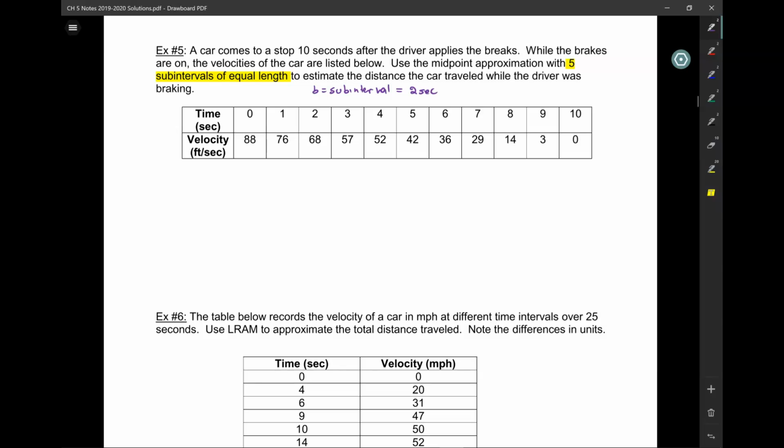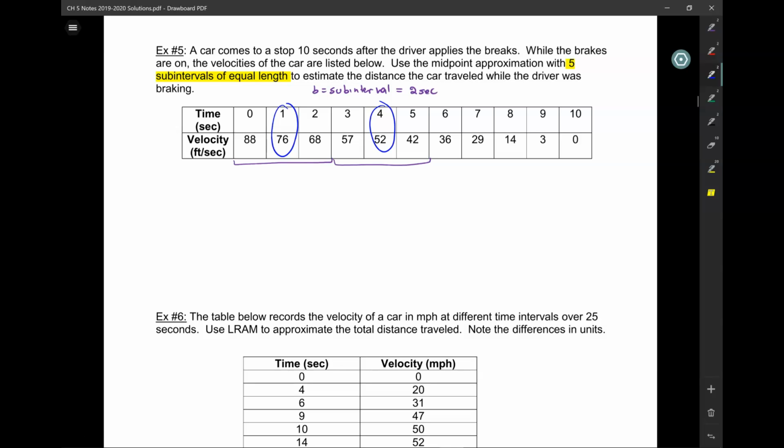So, if my first interval goes from 0 to 2, and then the next one goes from 3 to 5, but I want the midpoints, then I have to take the middle values, literally the middle values.